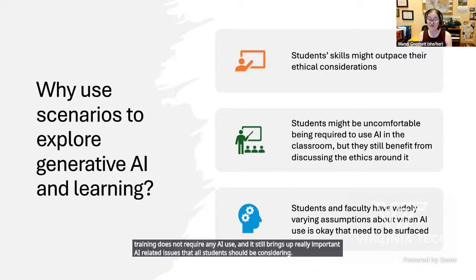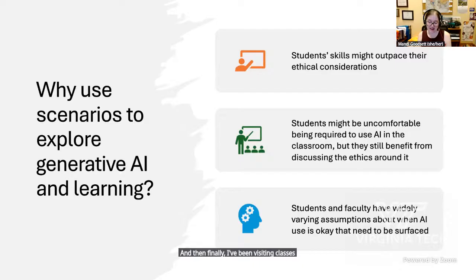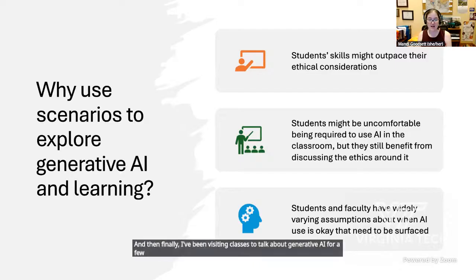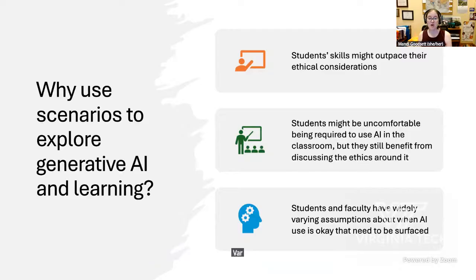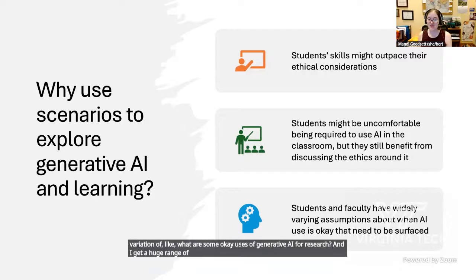And then finally, I've been visiting classes to talk about generative AI for a few years now, and I often ask students some variation of, what are some okay uses of generative AI for research? And I get a huge range of responses, with some students describing how they're using AI in ways I wish they wouldn't talk about in front of their teacher.